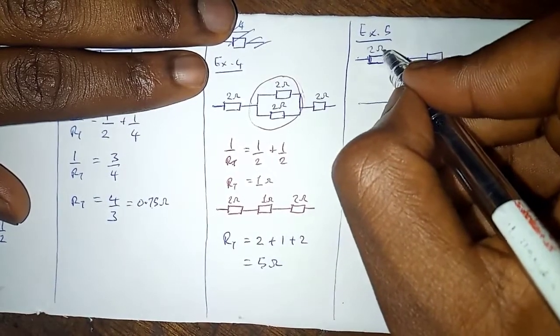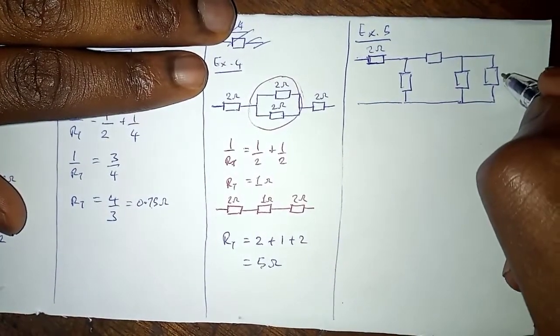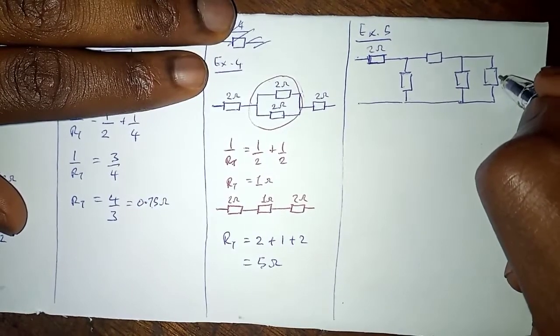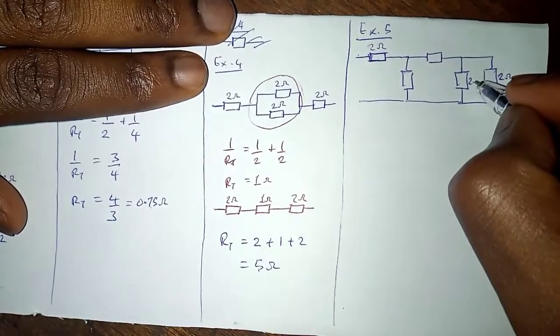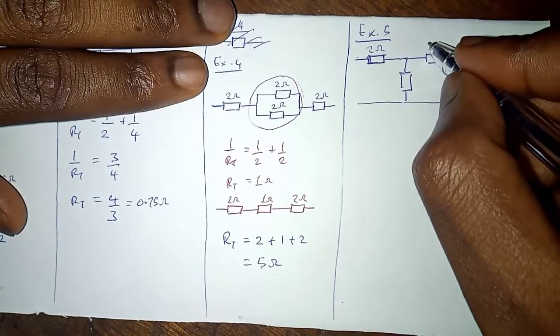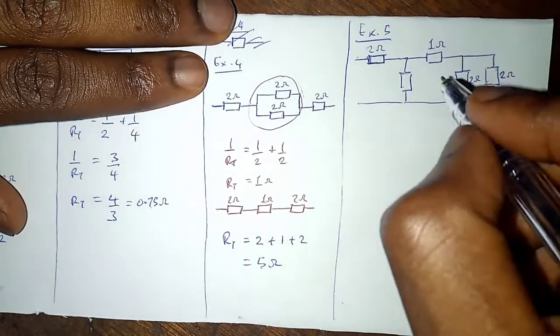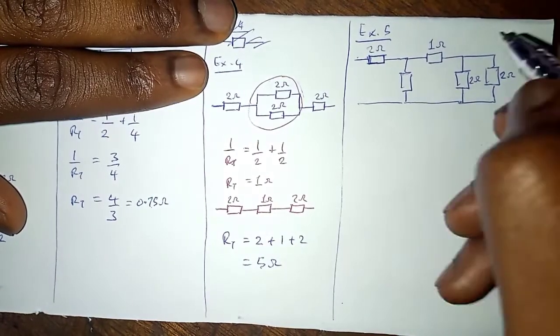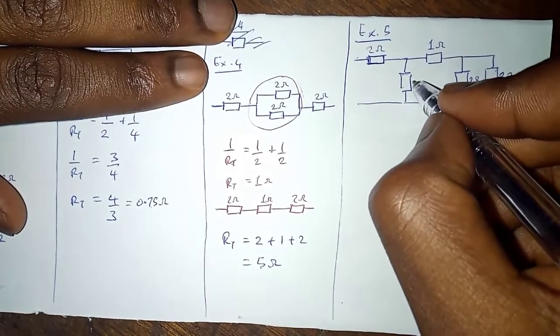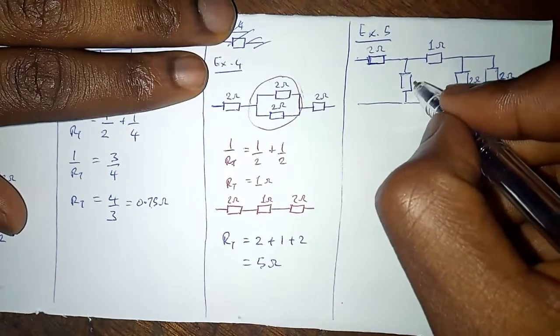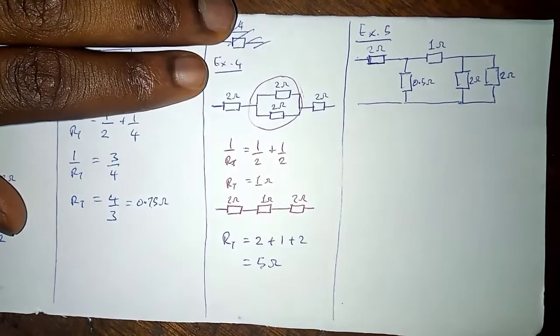So we have 2 ohms here, we have 2 ohms here, 2 ohms here, 1 ohm here, 0.5 ohm here.